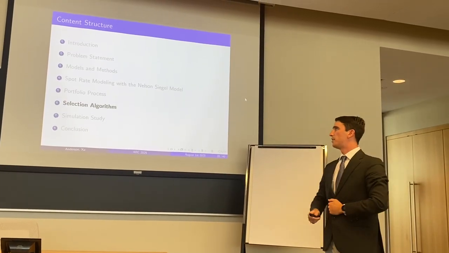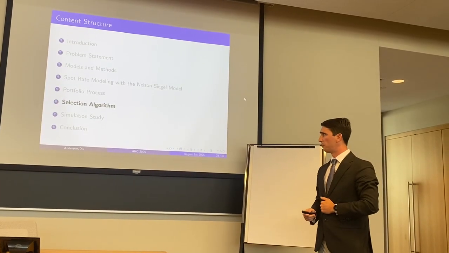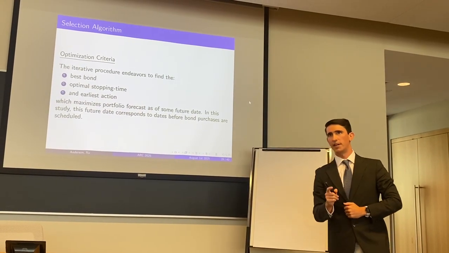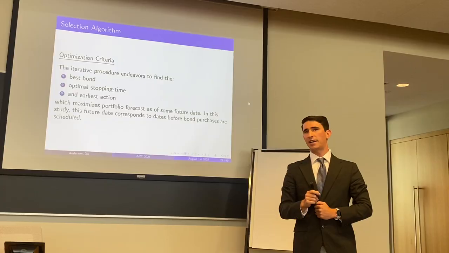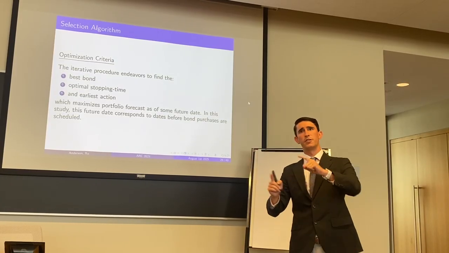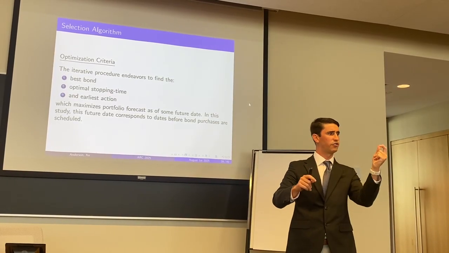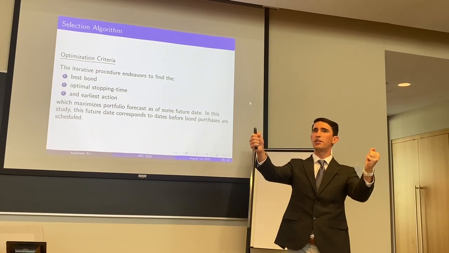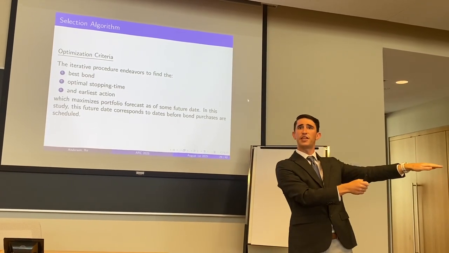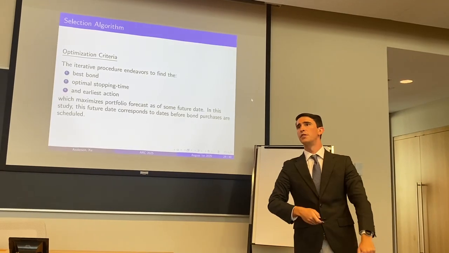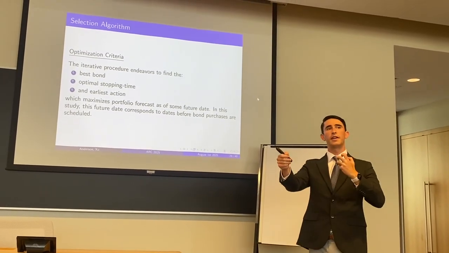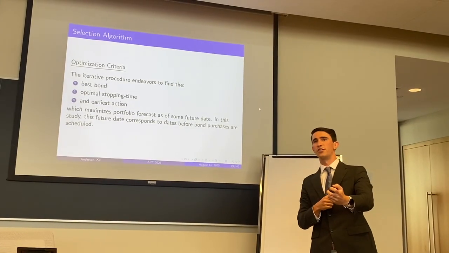Now, I want to get into our selection algorithm very quickly, but before we do that, I should say the second action which we are adding to our action space is bond stripping. When you strip a bond, you take the coupons in a coupon bond and you sell them as a separate asset. So we are interested in seeing what happens when you include selling and stripping in your action space.